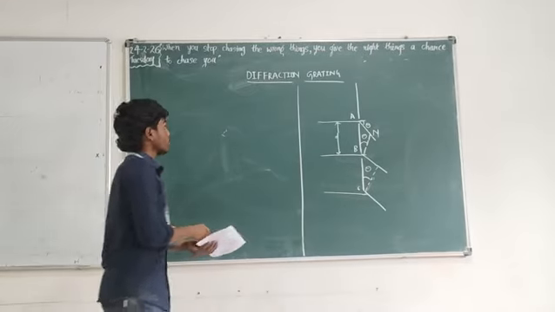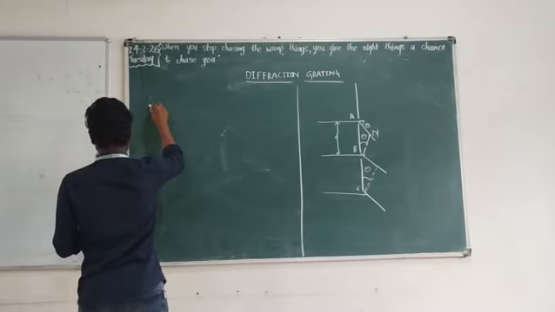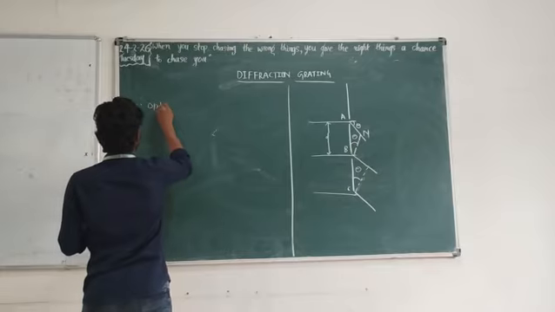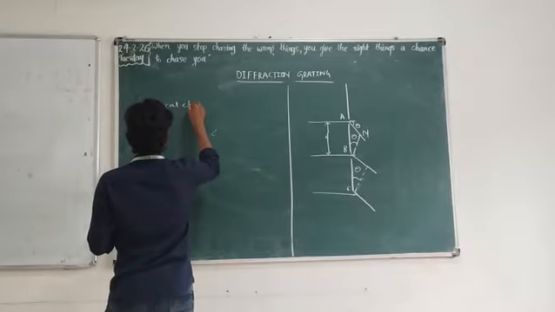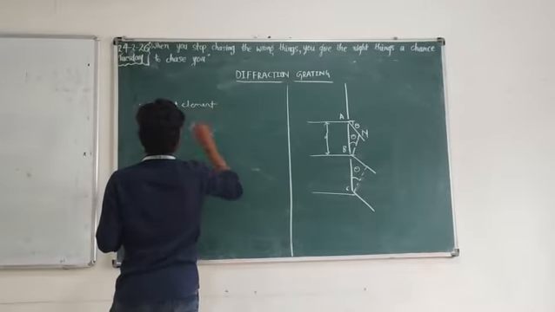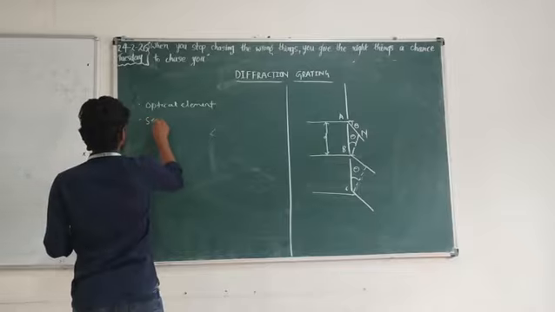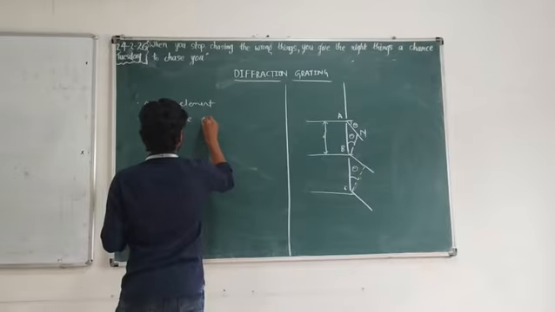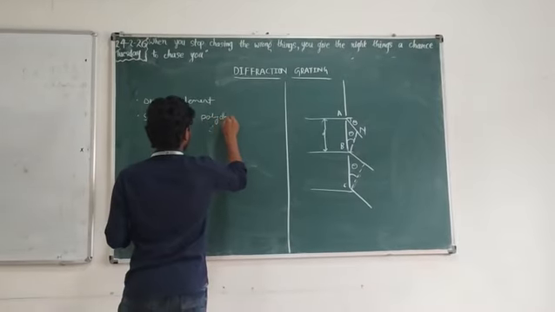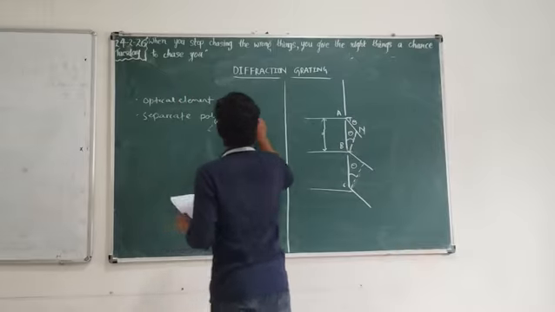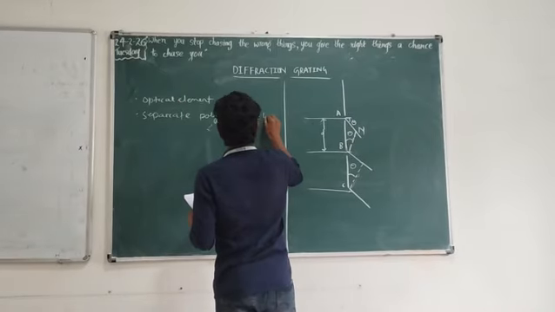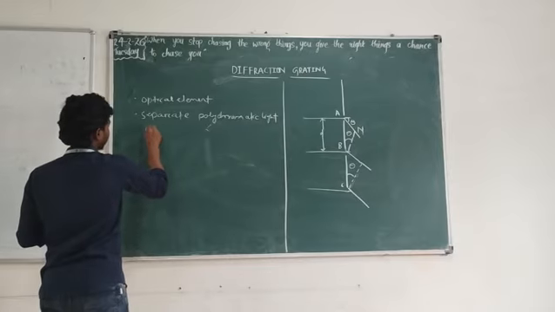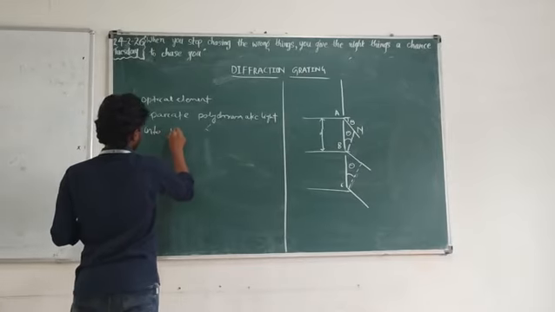So a diffraction grating is an optical element that separates polychromatic light into its wavelengths.